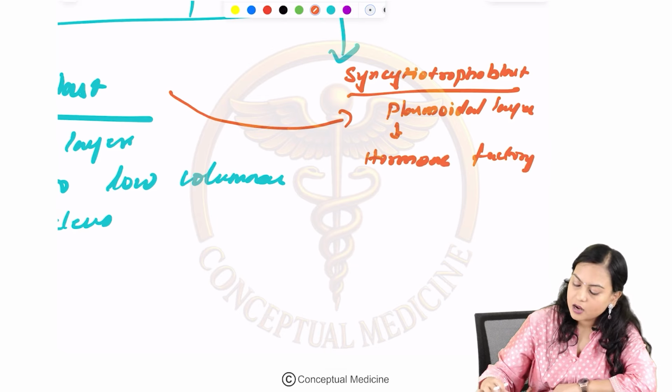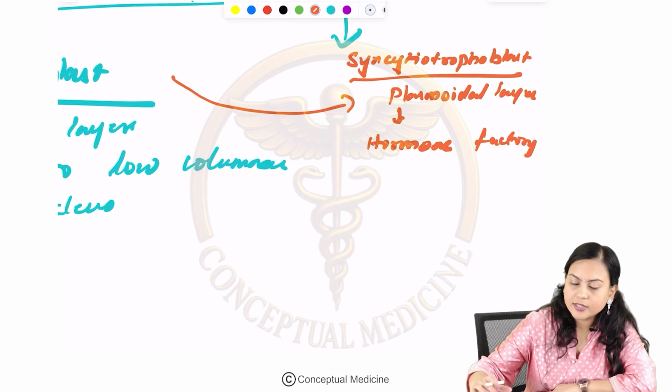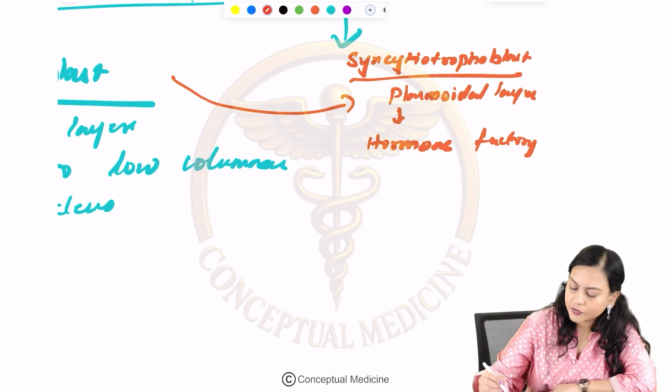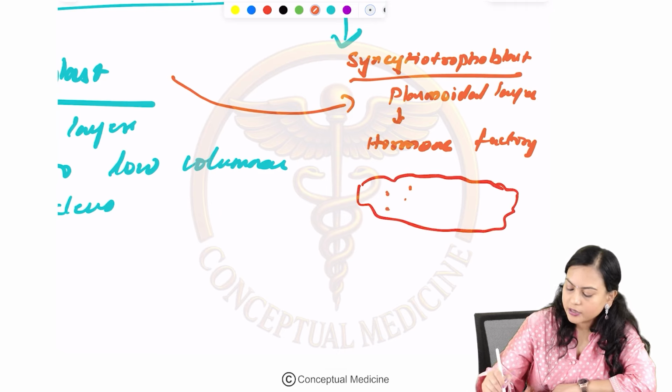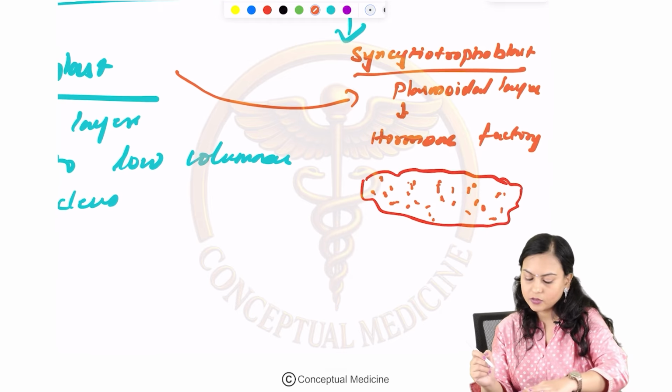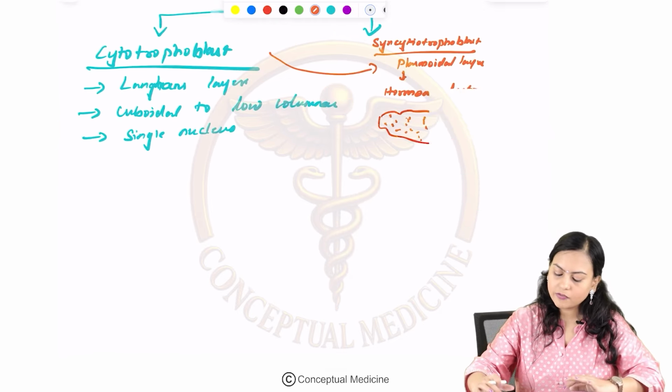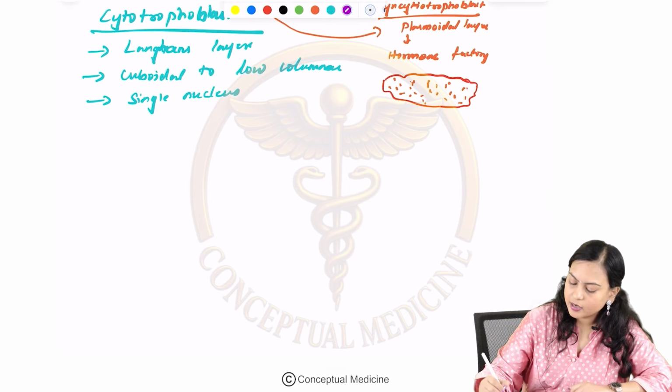So, how are the cells of syncytiotrophoblast distributed? See, cells of syncytiotrophoblast, there are no defined cell borders and the nuclei are scattered like this, meaning they are multinucleated. Now, from the syncytiotrophoblast only, there is HCG production.